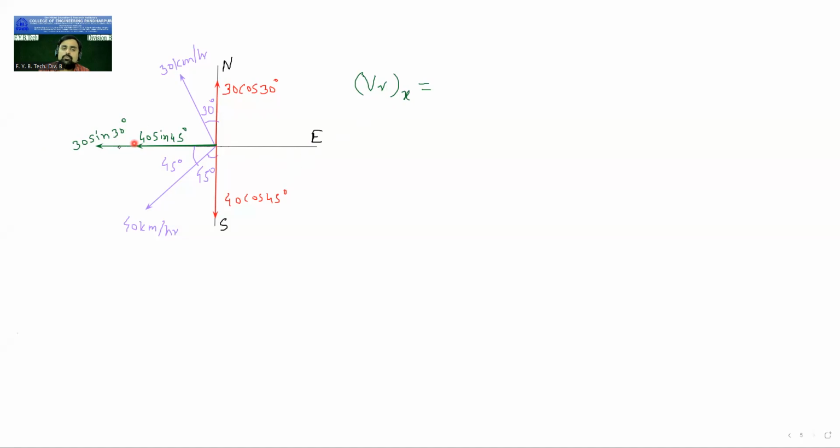So these two we need to do the minus. So if I minus it, then it will be 40 sin 45 minus 30 sin 30, which is equal to 13.36.